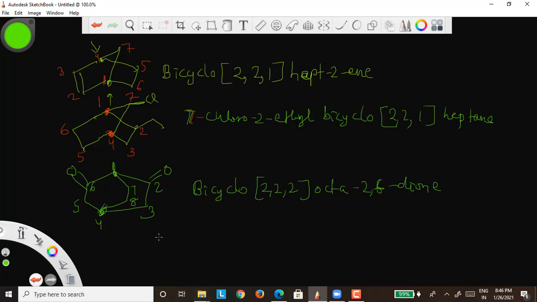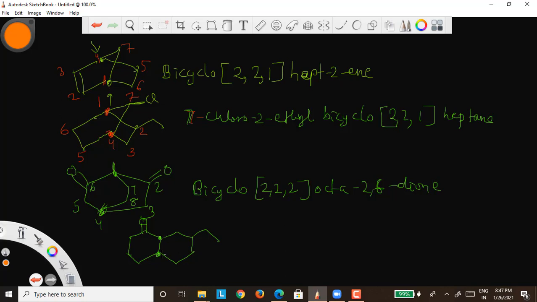Okay. Then one more example we can take. Suppose this is an ethyl group. Now this we will give a double bond O. Now bridges will be numbered first.